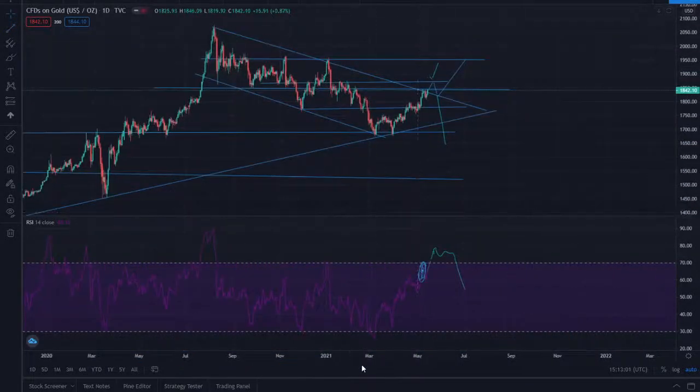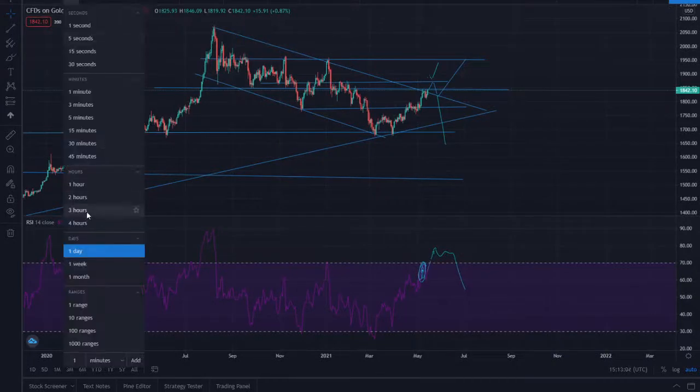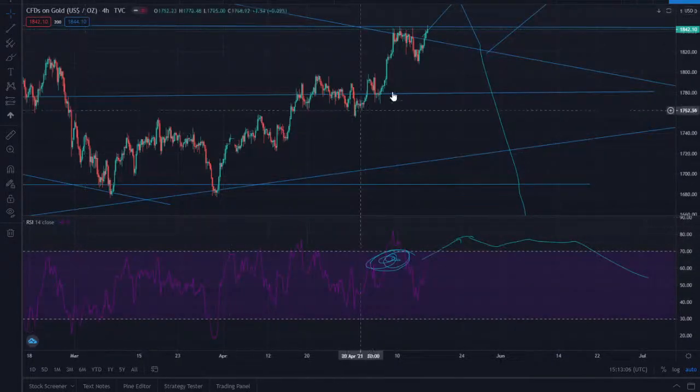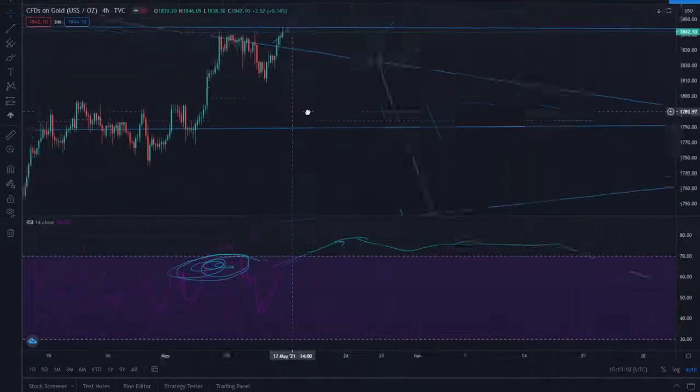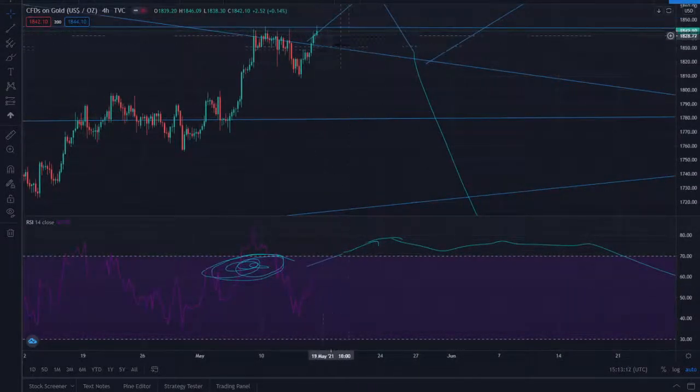But I guess the next couple of days we will try to rally, because, like I said, we broke above the triangle. I mean, of course, the triangle also depends on how you draw it, because you can never be that exact.